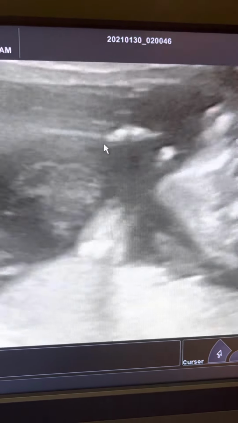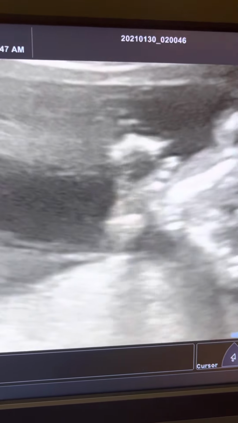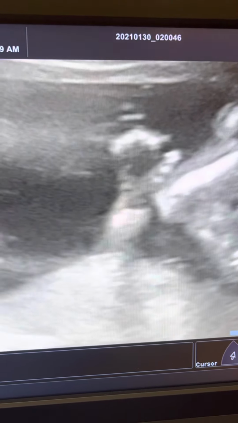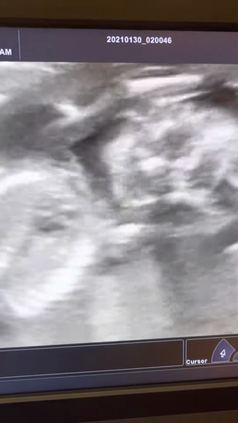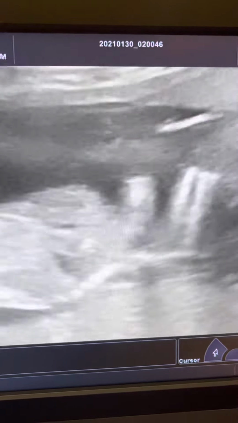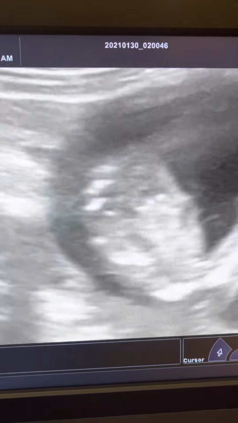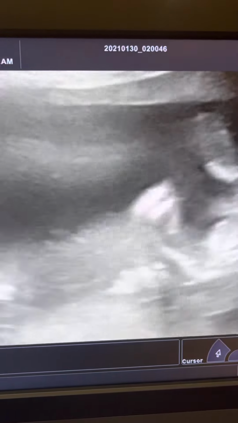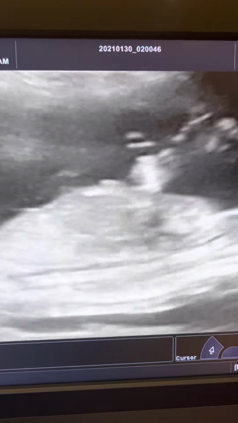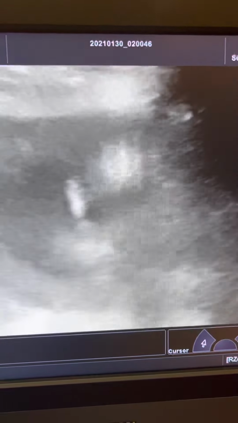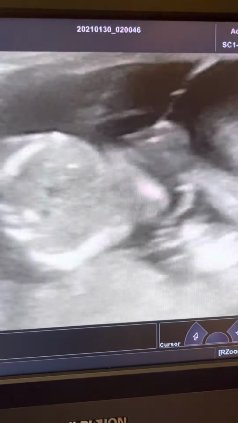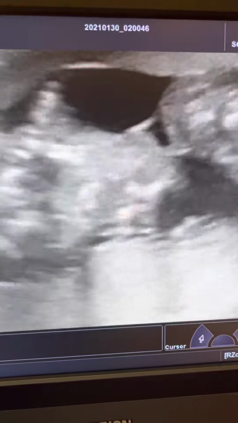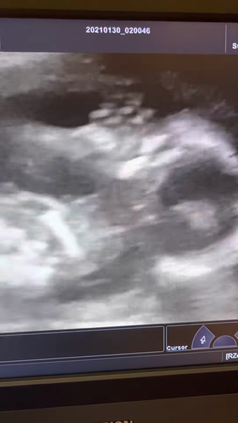Here is the left hand. We can count the fingers also. The fetus is moving.